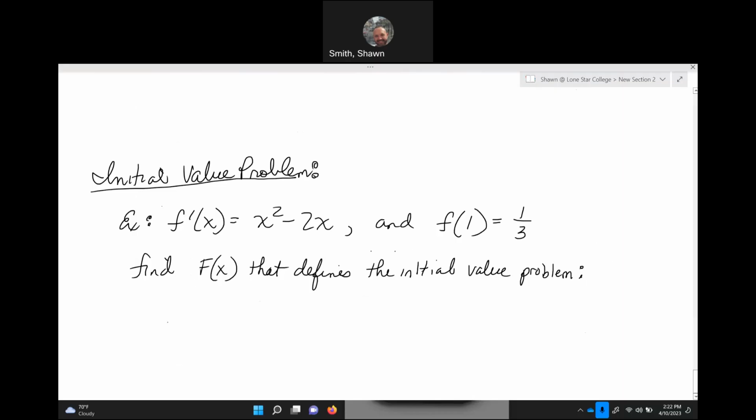So cap F of x is going to be the integral of, well, here's the derivative, x squared minus 2x dx, right?